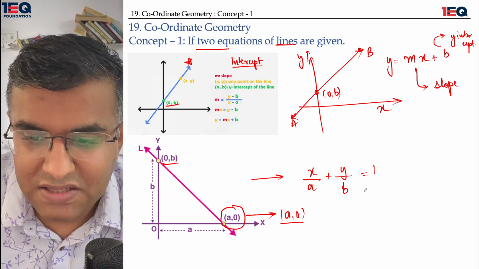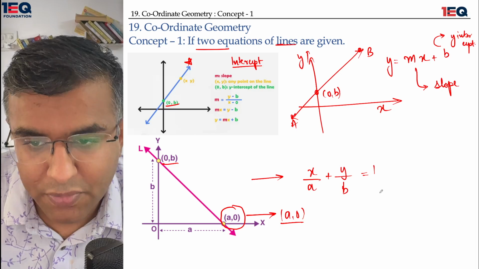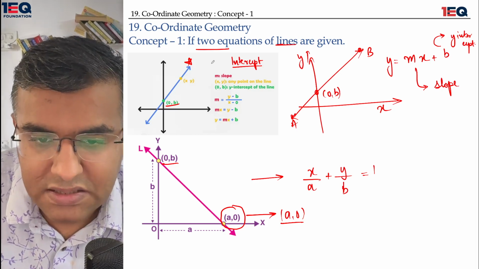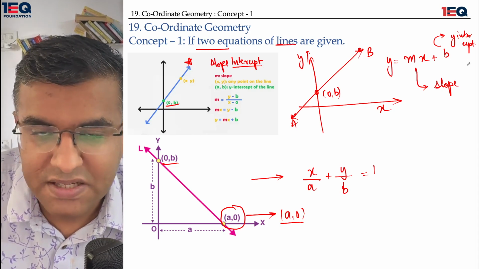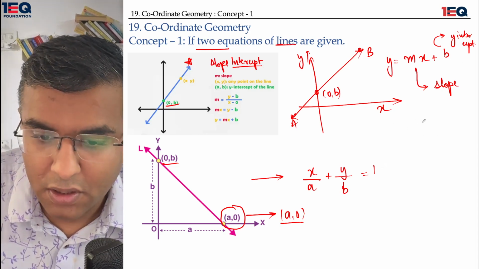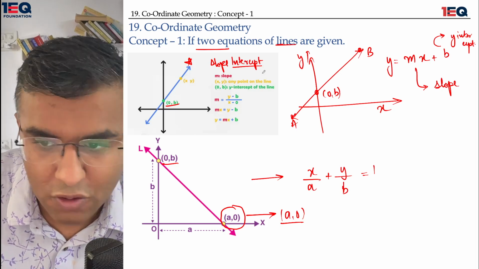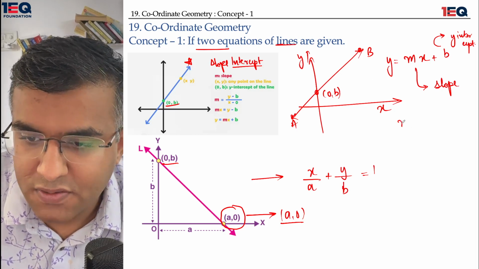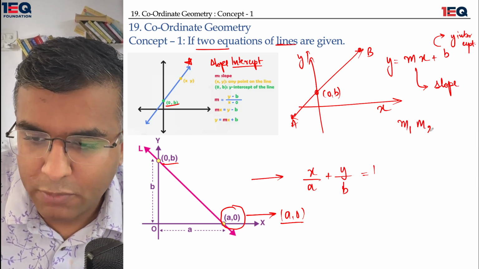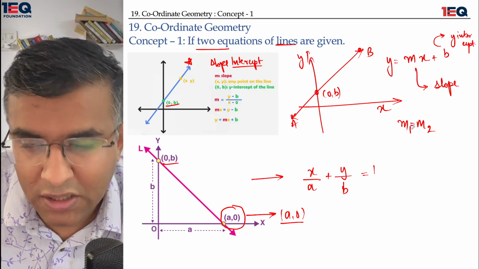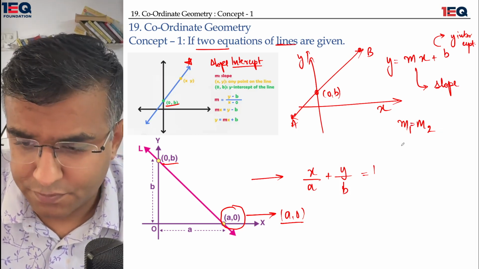Okay, so this is the simple intercept form, and this form of line, y = mx + c, is called the slope intercept form. Okay, this is the intercept form, this is the slope intercept form. Also, two slopes m1 and m2 would be equal when the lines are parallel.